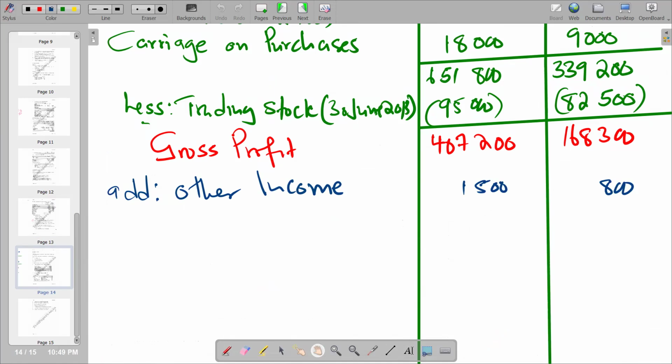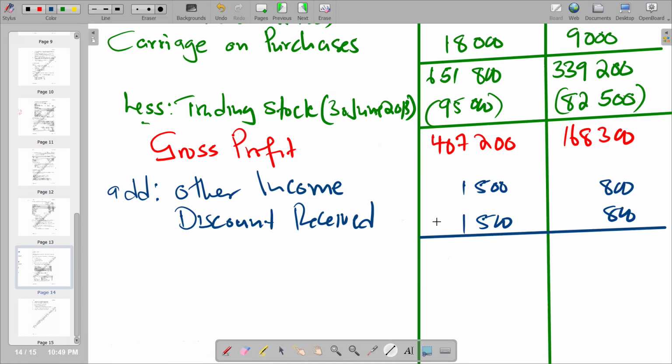So we put our discount receipt beneath here, whereby we have 1,500 and 800. And of course, after that, we close so that that's what we have only. And the total becomes here. If we had more than one other income, we're supposed to list them, and then the total comes here. So this is what we have in this part.